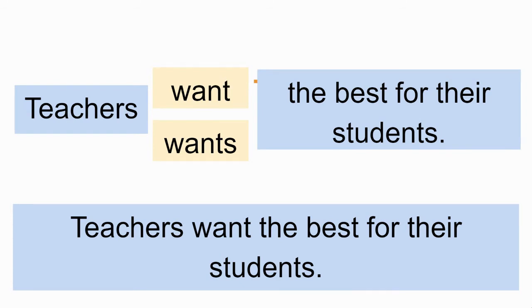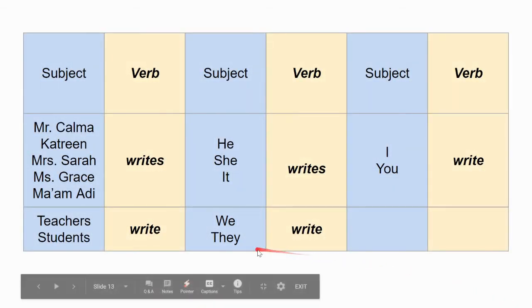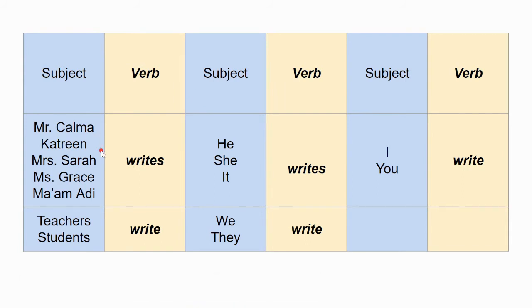Let's take a look at this table. If the subject is singular, for example, Mr. Calma, Catherine, Mrs. Sarah, Miss Grace, Ma'am Addie, we use the S form of the verb. In this case, that is writes.